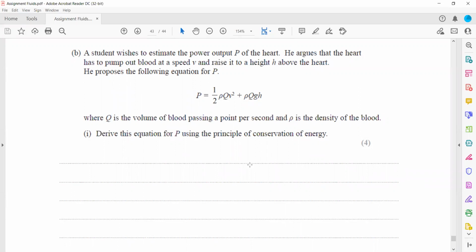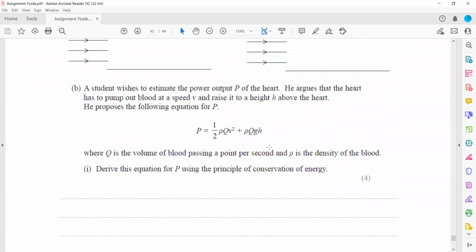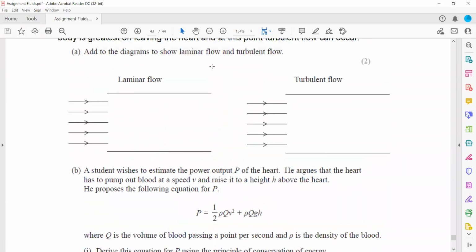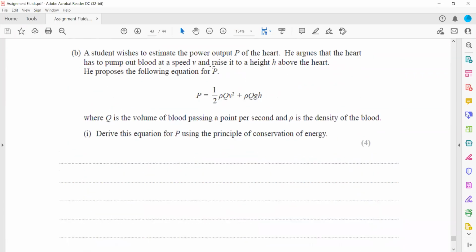Okay, so how can we work out the work done when the heart is pumping the blood? Two things the heart is doing: it is pushing the blood and the blood is rising to a certain height. So the work done by the heart is converted into kinetic energy as well as potential energy.